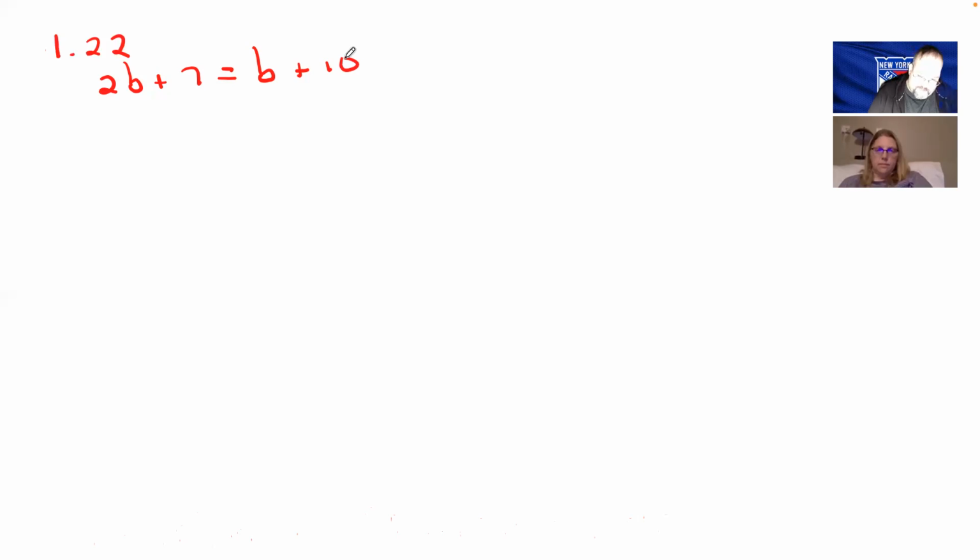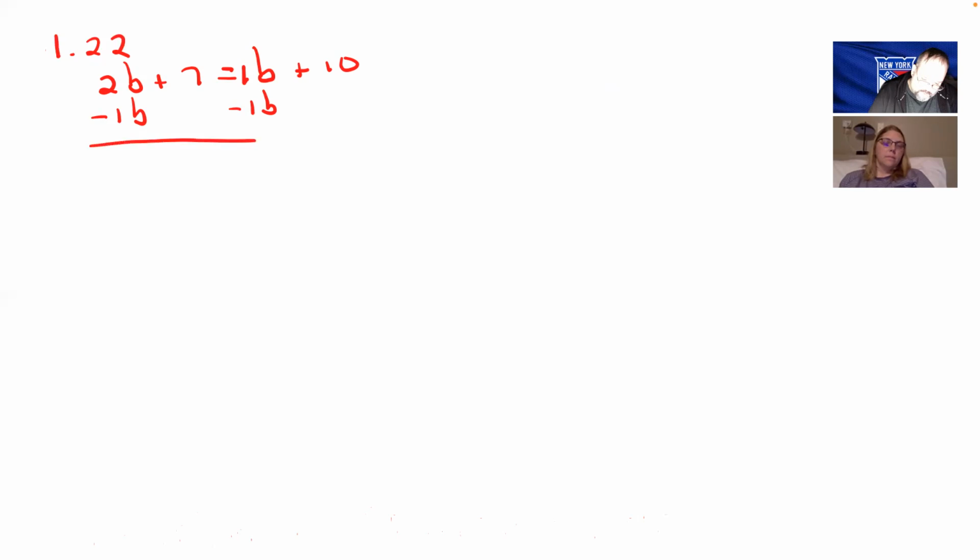So to do that here, and I'll take it step by step, I want to get the b's on the left side and put the numbers on the right side, because I want to keep the variable positive. So the way I would move this b to the left side is to subtract both sides by 1b. Because if there's no number in front of the b, that means 1.